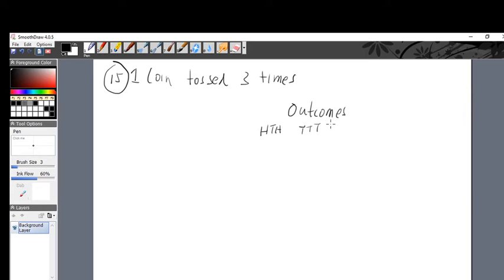Then TTT, then HHH, 3 H's, then HTT, then TTH, then THT, then THH, and I got room for the last one, which is HHT. Okay, and then they give you boxes.